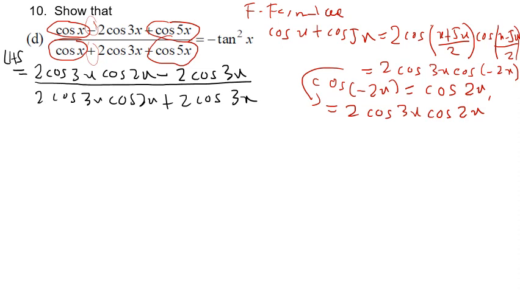Here we have similar terms, 2 cos 3x, and below we also have the similar term 2 cos 3x. So we can factorize above and below.